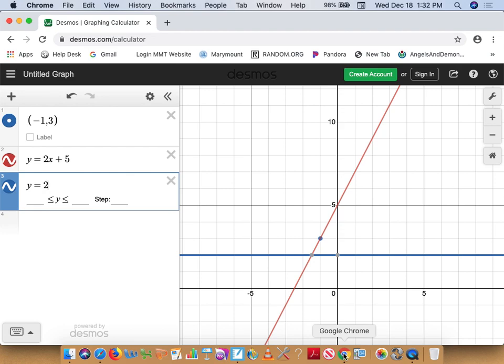Write it out. One. And then you can do this for the other one. Those are okay.